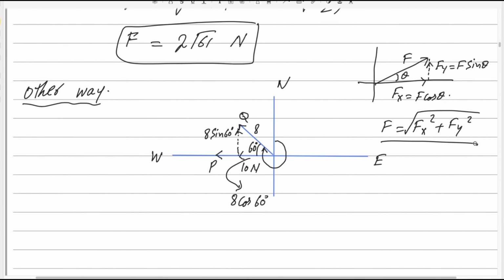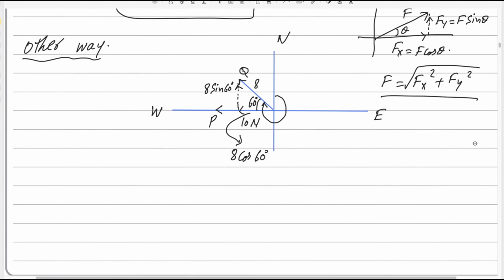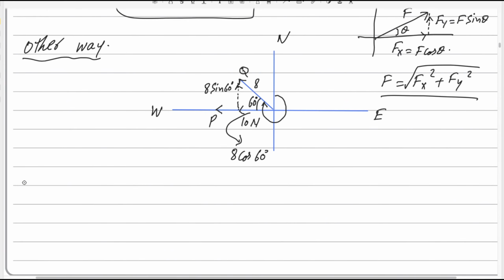Here now, after resolving the forces, we can use the horizontal components. What are the components that are acting horizontally? This way, the right side, we always take positive. For Fx, the components acting along the x-axis, there are no right side components, only left hand side components. There are two components acting left side. One is 10 Newton and the other is 8 cosine 60.